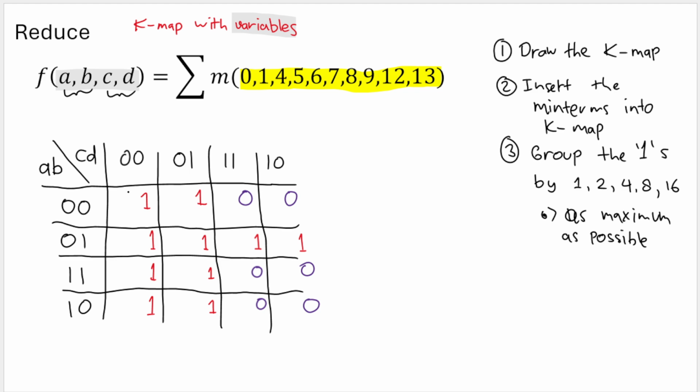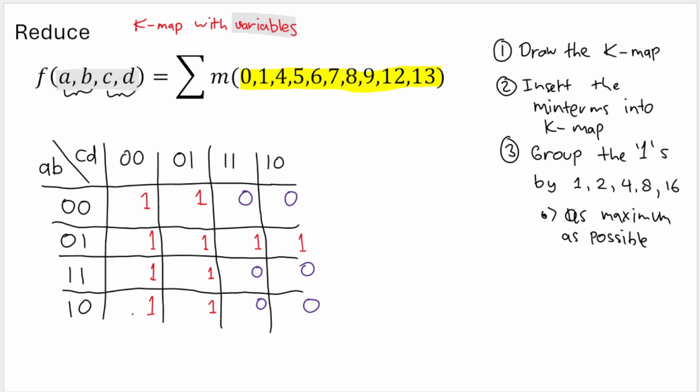So here, if we see here, we can group this one here. Maybe let's use another color here. Okay, let's make green. We can group it like this by 4, and then this one 4 like this. You can do this, but for the maximum result, you can group it as large as possible.